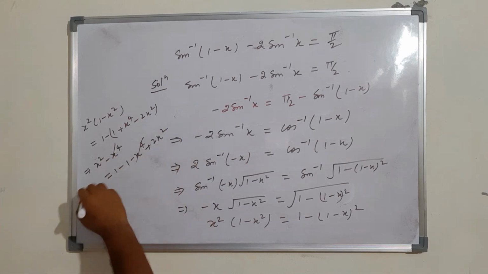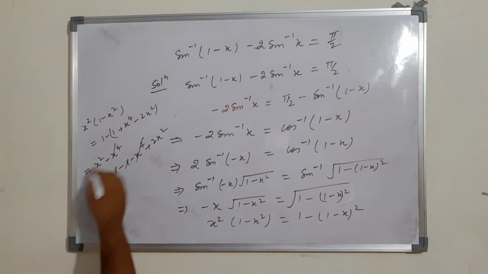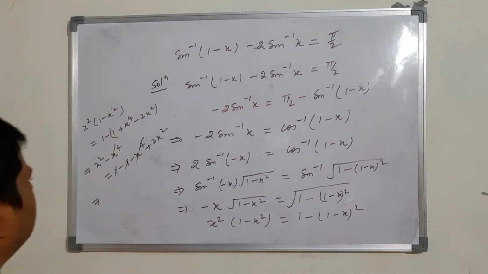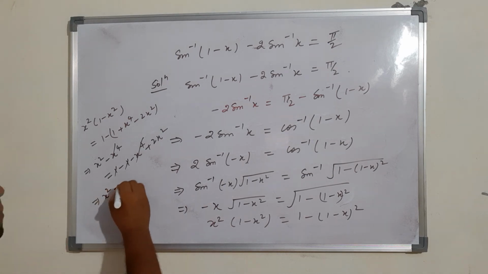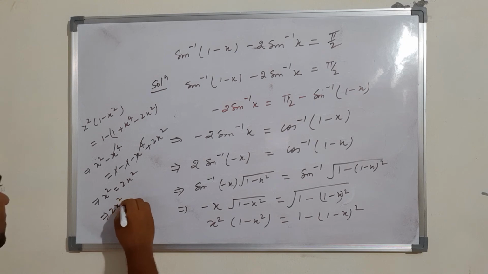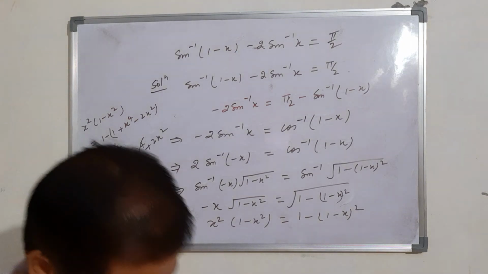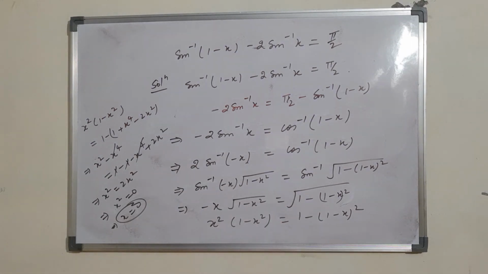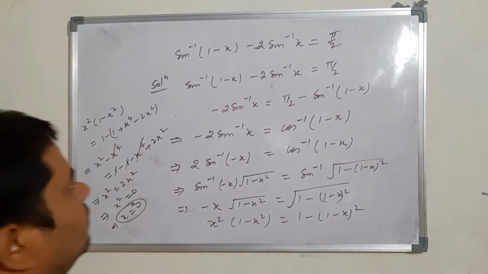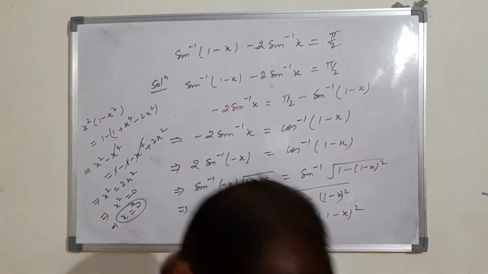So this one is cancelled out, 1 cancelled out, this is 2x square, x square is equal to 2x square, so 2x square, x square is equal to 0, so x is equal to 0. So answer is x is equal to 0. It is given option C is correct. Okay. So this is the solution of this particular question.